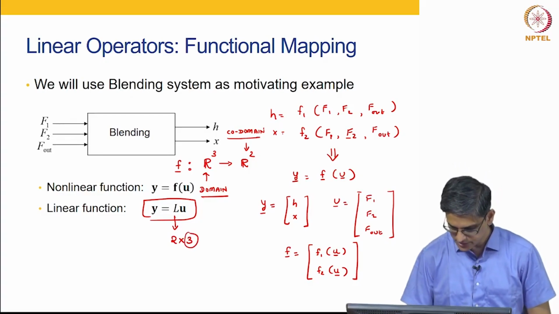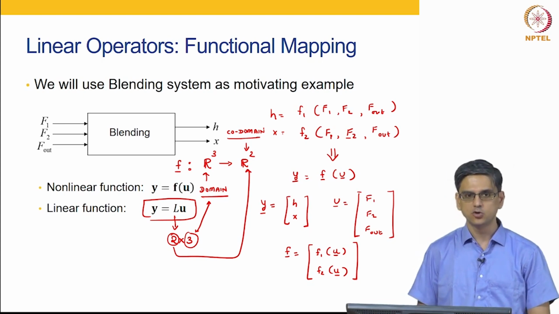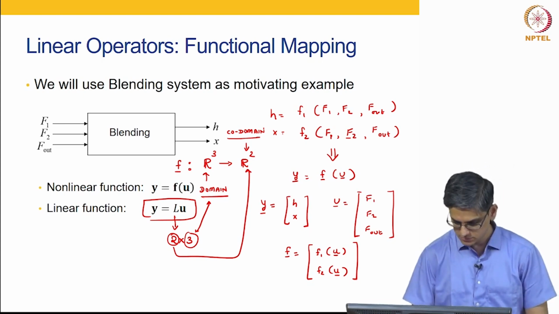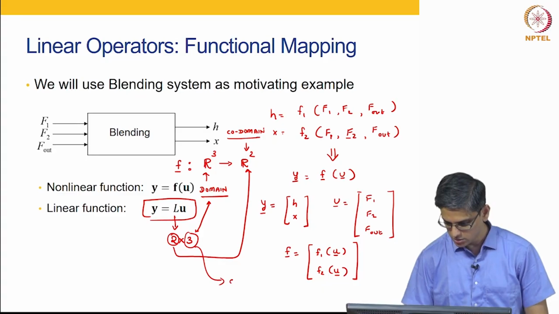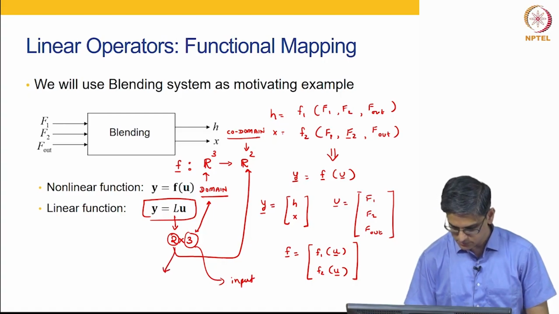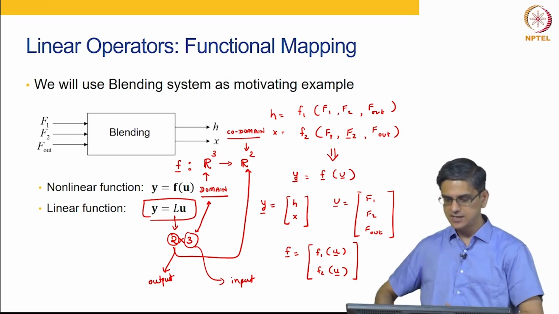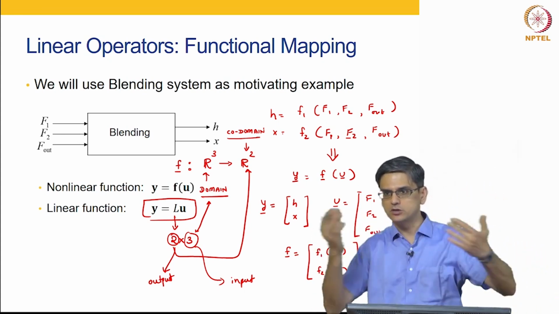Three is the dimension of the domain space, 2 is the dimension of the codomain space, or input space, output space, because L is a mapping from input to the output.